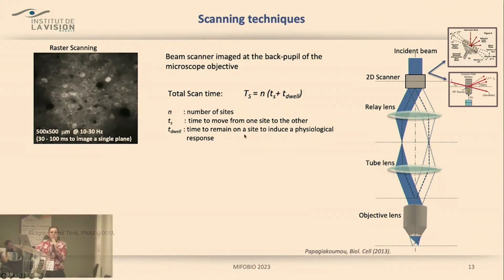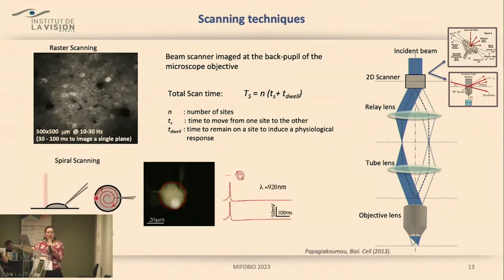The scanning time depends on the time to move from one side to the other, depending on whether we want to scan a whole field of view or specific neurons. And all this has to be multiplied by the number of sites, and if you want to do this for many neurons, you also have to multiply by the number of neurons.